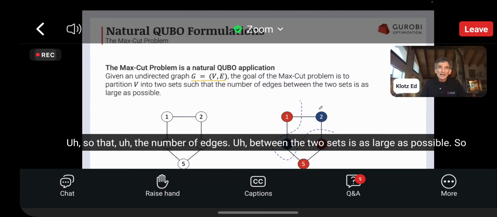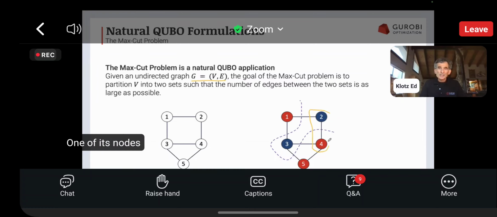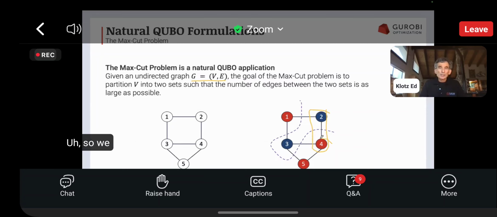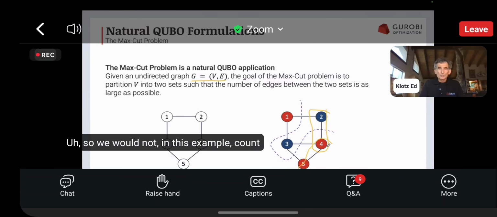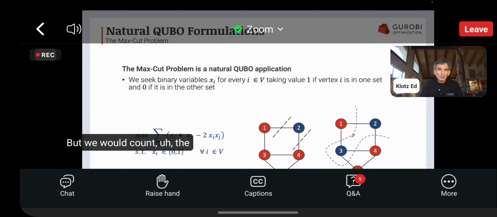So we're only counting edges where one of its nodes is in one set and the other is in the other set. So we would not, in this example, count the edge between 4 and 5, but we would count the other one separated by this dashed curve here.